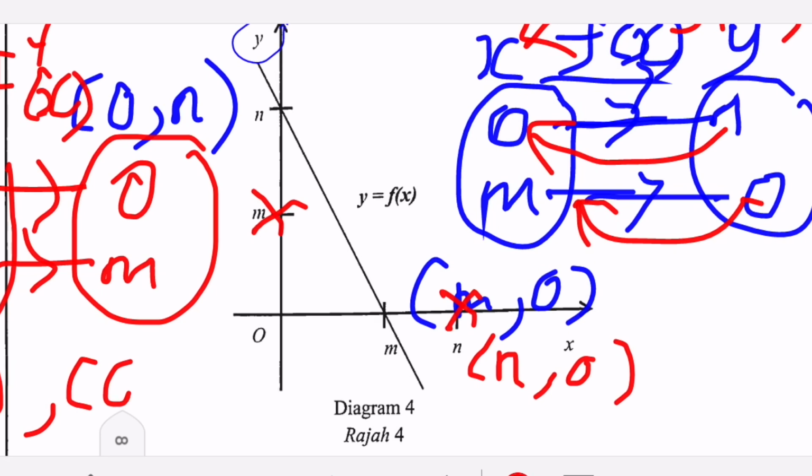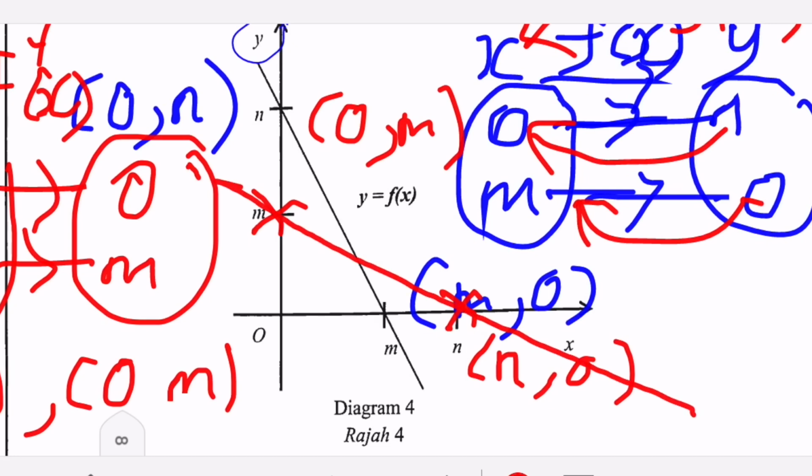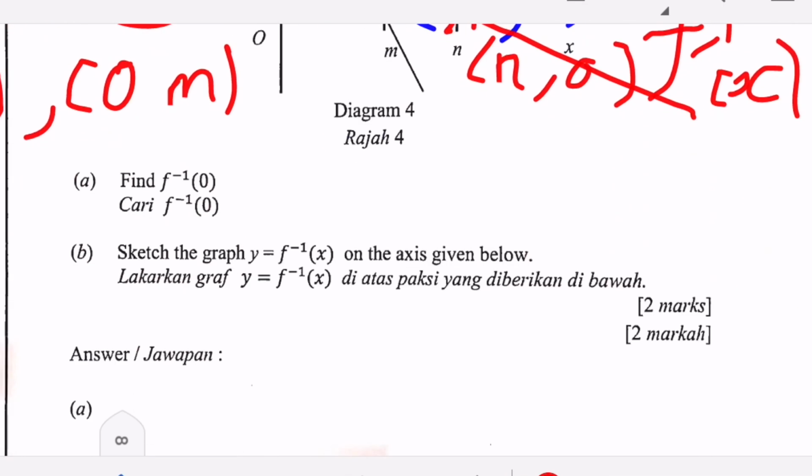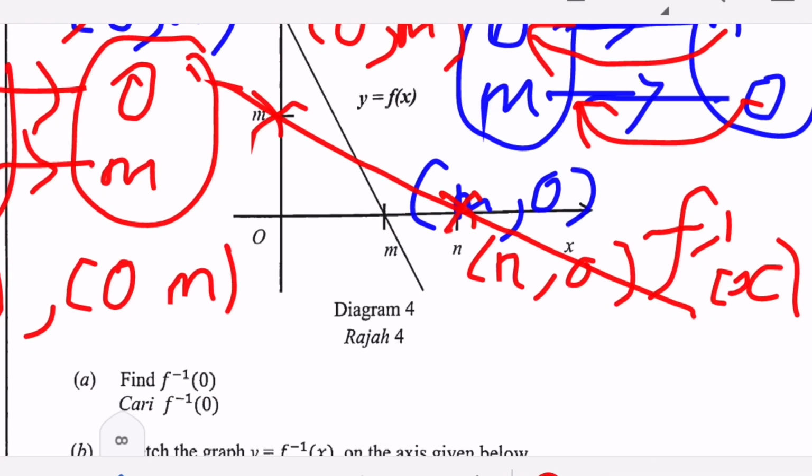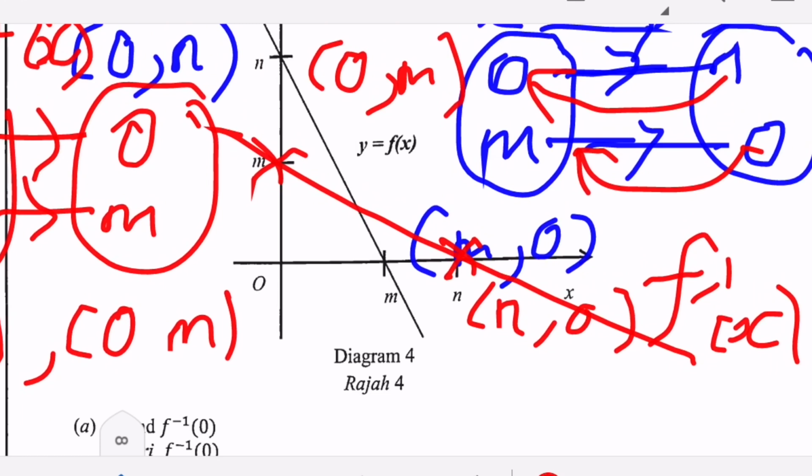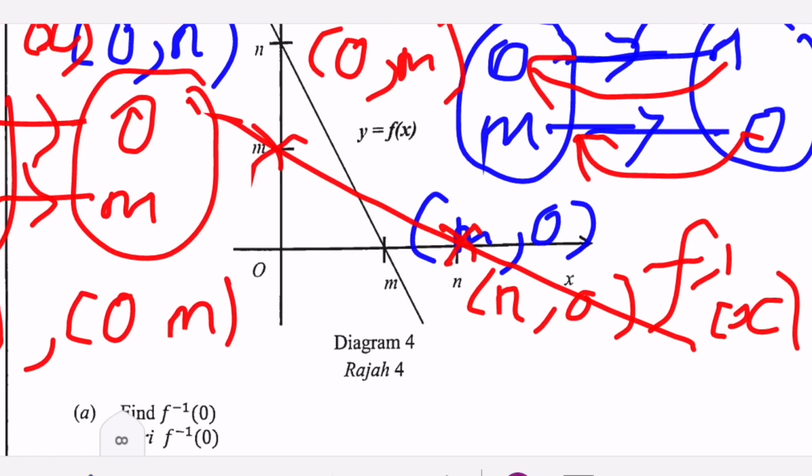So the ordered pairs for the inverse function will be (n, 0) and (0, m). Object is n for the inverse function, image is 0, and object is 0, image is m. Don't get confused.